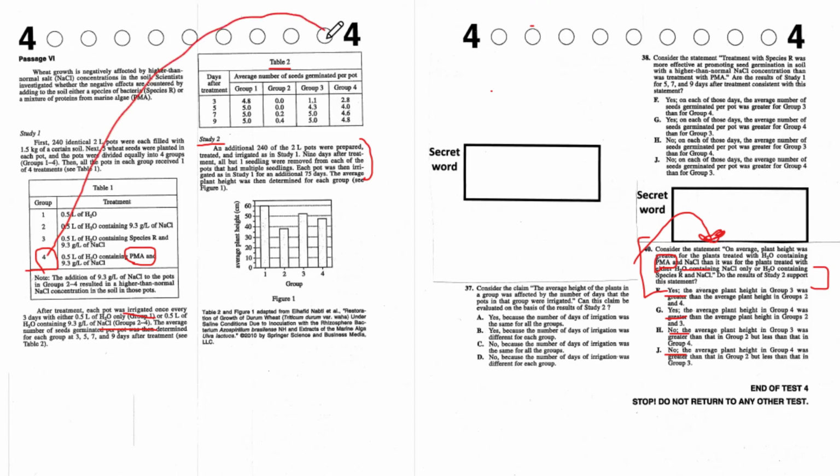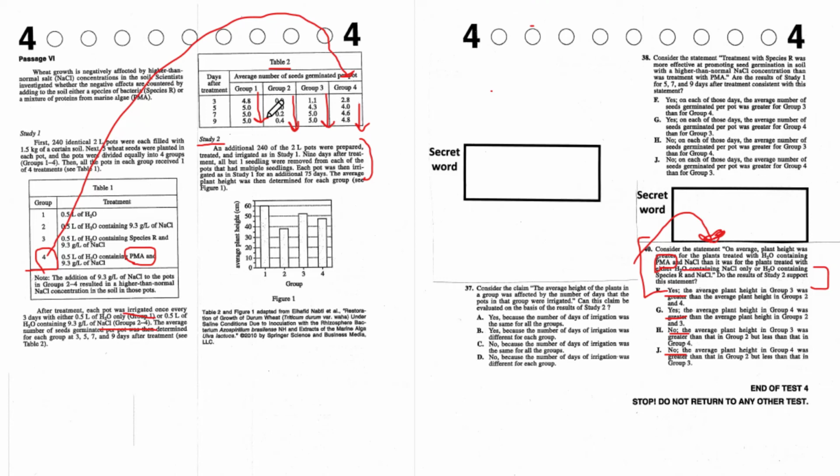So now we go back up, take a look at group 4. All right, here we start at 2.8 and go down to 4.8. Here, group 3, 1.1 to 5, 0 to 0.4, and here, I'm just throwing my arrows in like we would normally do, okay? So I reread the question.